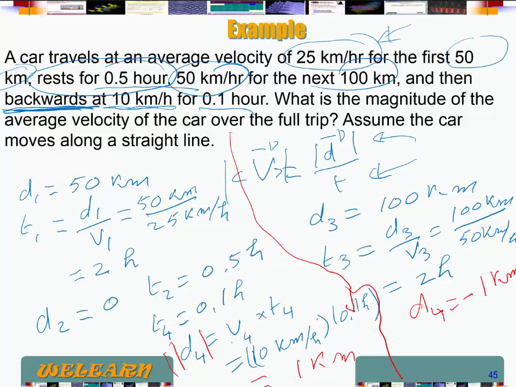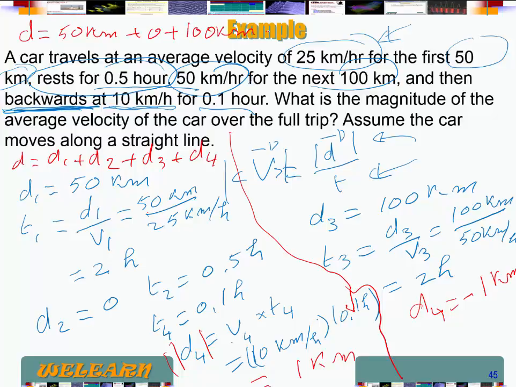Now my overall displacement is going to be D1 plus D2 plus D3 plus D4. So that's going to be 50 kilometers plus 0 plus 100 kilometers minus 1 kilometer.